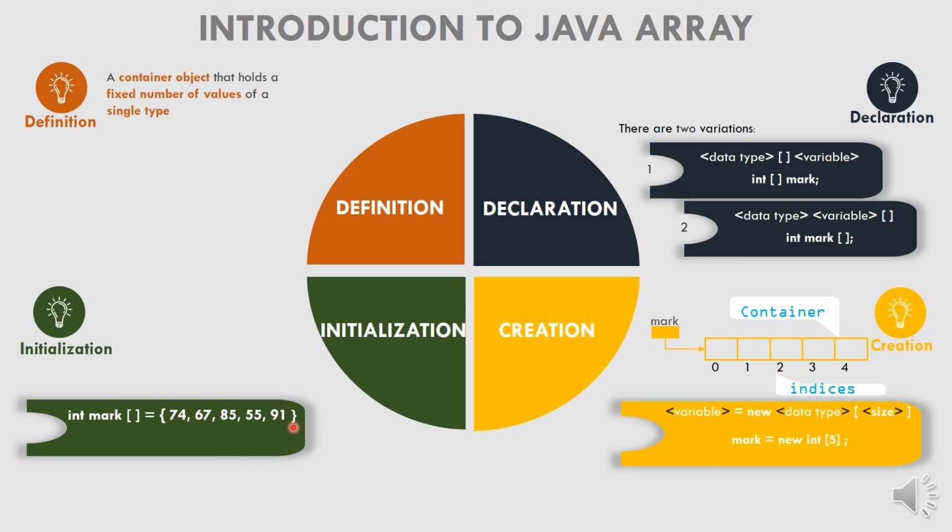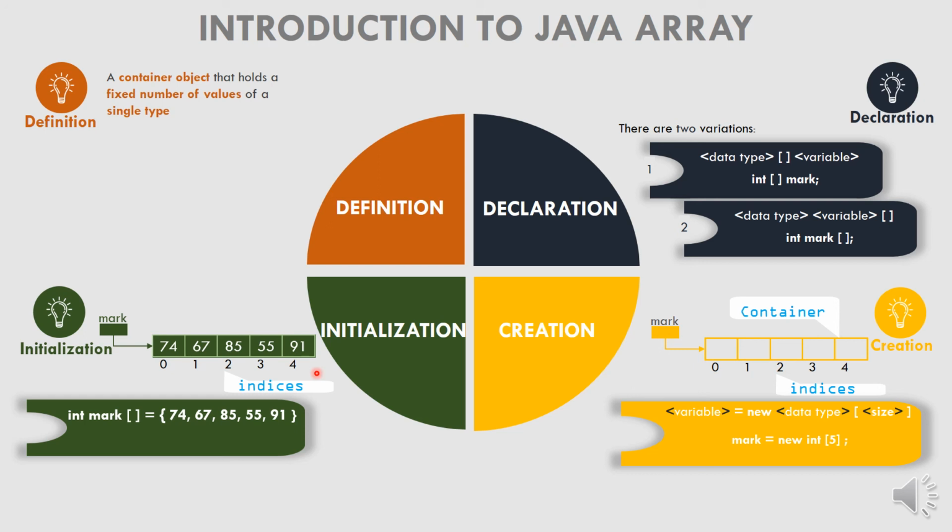This code statement will instruct the Java compiler to create a container with 5 separate compartments. At the same time, it assigns those values into the compartments based on the positions of the values. By using one line of code, the array variable mark successfully stored 5 element values in a container.